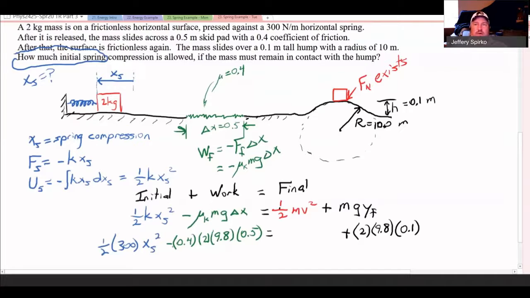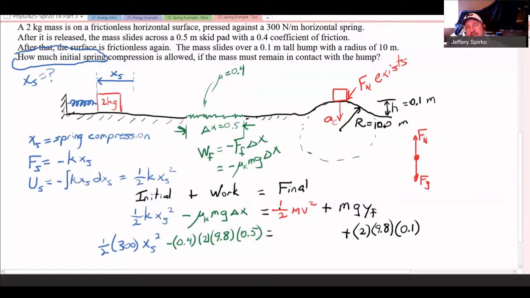Now we have to figure out one more thing. How much kinetic energy are we allowed to have at the top of this hump? To figure that out, we need to think about our force diagram. We're going to have F sub g and F sub n. And at this point, there is a centripetal acceleration of our block because it's heading in a circular path.